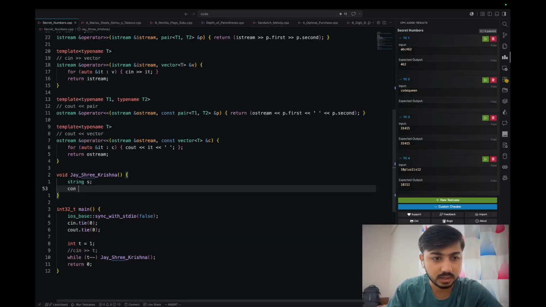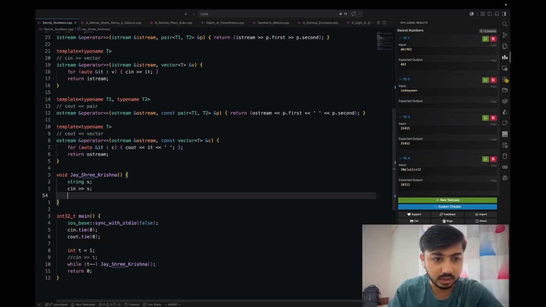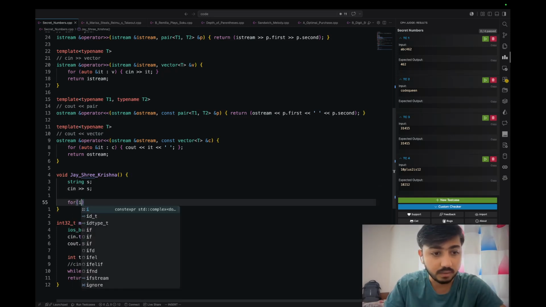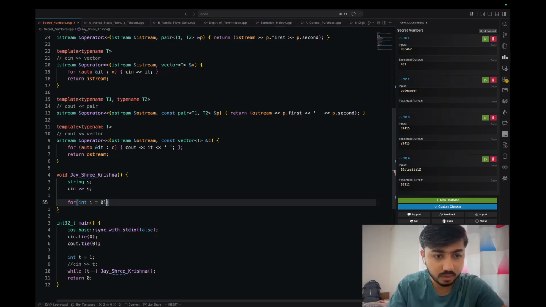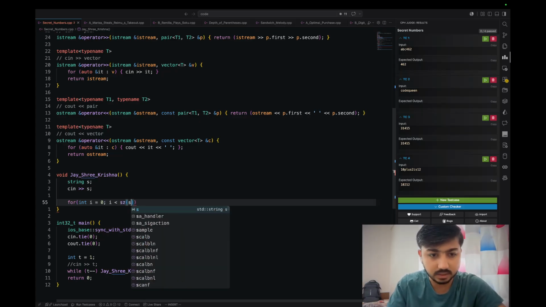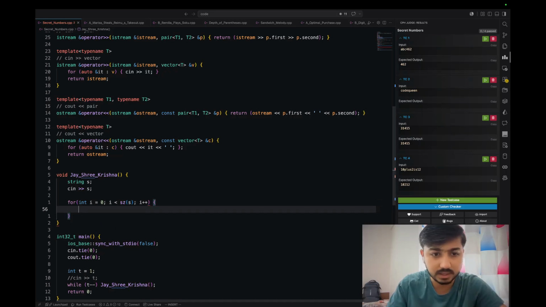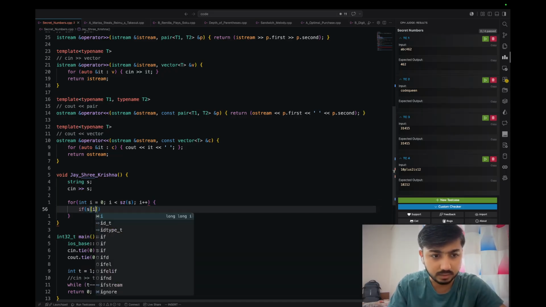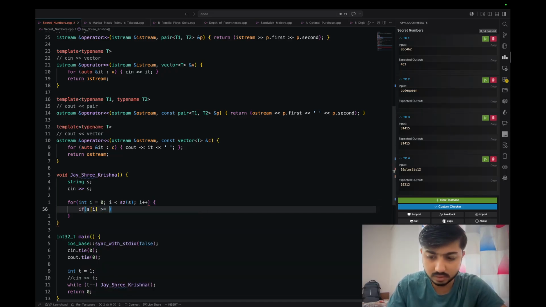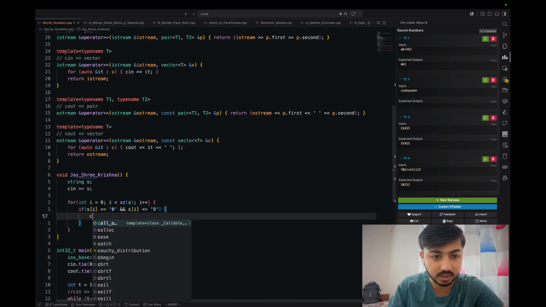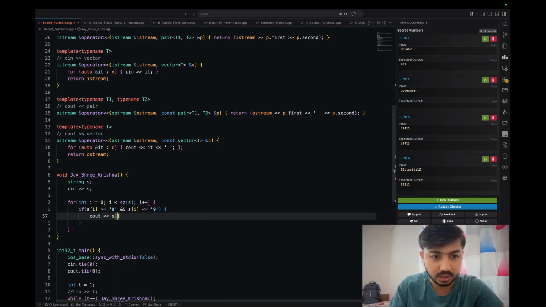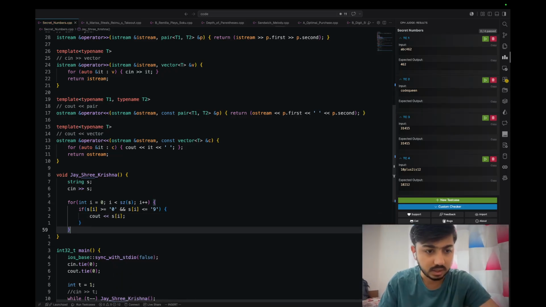String S, read S, for int i equal to 0, i less than size of S, i plus plus. If S of i is greater than or equal to 0 and S of i is less than or equal to 9, that means it's a digit. We'll print that. That's it.